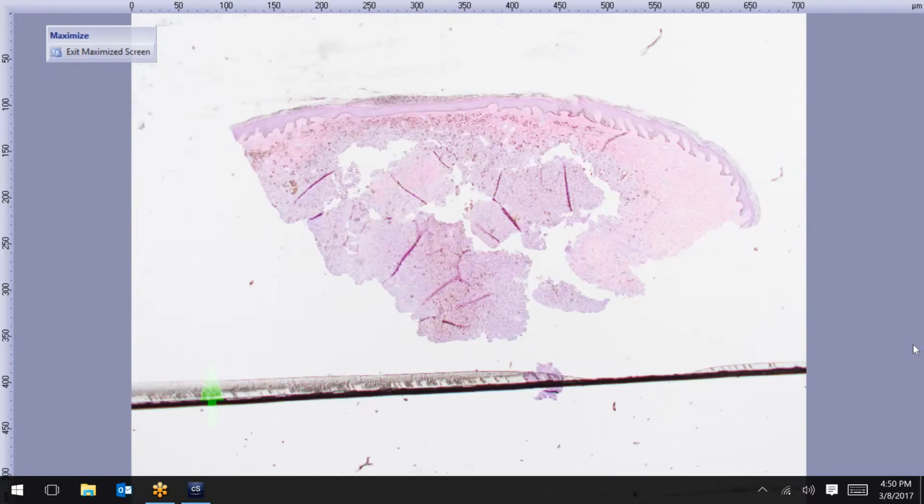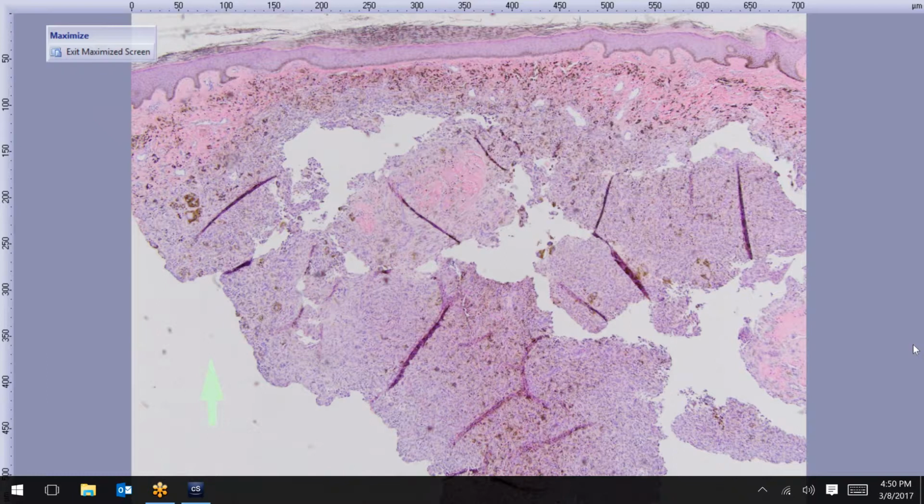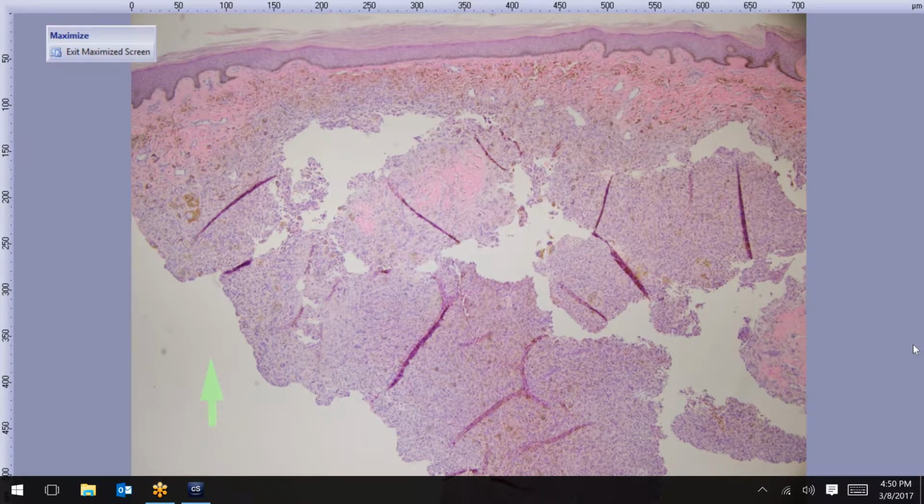Let me go to another piece here. So this slide is going to look kind of muddy and dirty to you guys, just because, as you can see, there's a lot of pigment throughout here.